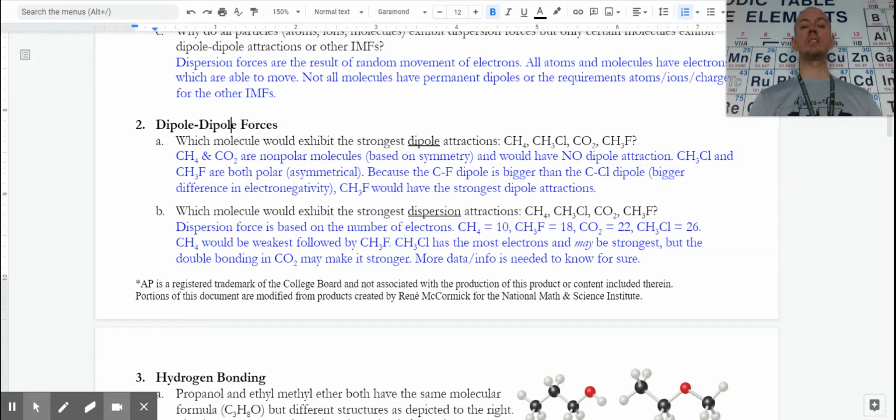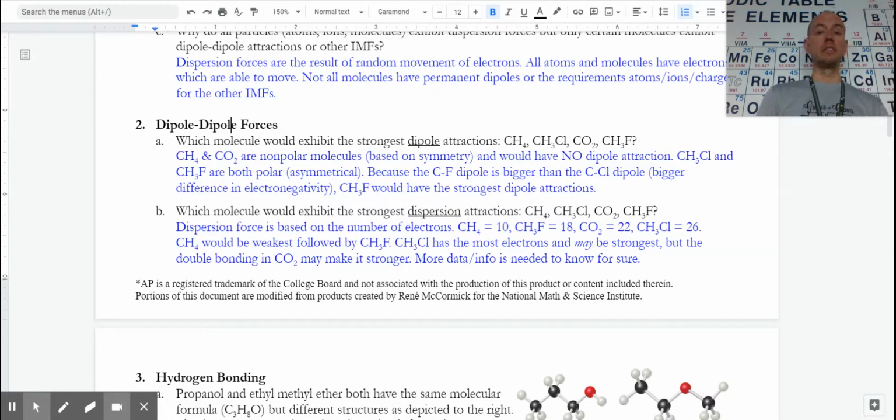So because the polarity or the dipole is much greater in CH3F, which would be fluoromethane, fluoromethane has much stronger dipole attractions than chloromethane. That means it's much more likely to condense into a liquid and have a higher boiling point. The methane, the CH4, the carbon dioxide, the CO2, we know are also gases because of those weaker attractions.